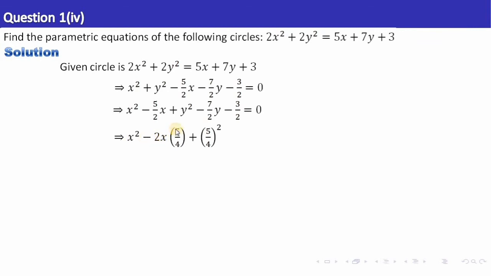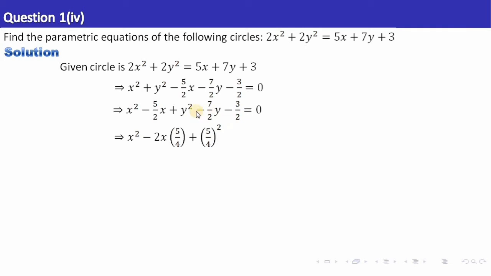Now I have to put a number in such a way that I get 5 by 2. Obviously that number will be 5 by 4. So we have a square minus 2ab, this is my b, so I have put b square. Now this is extra, so I have to balance this as well.